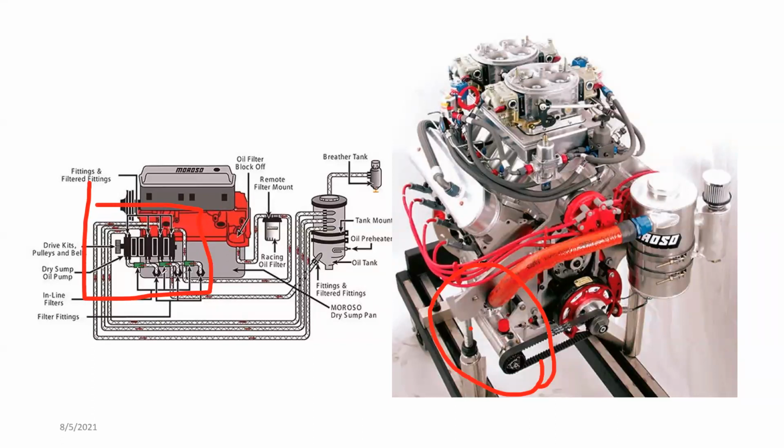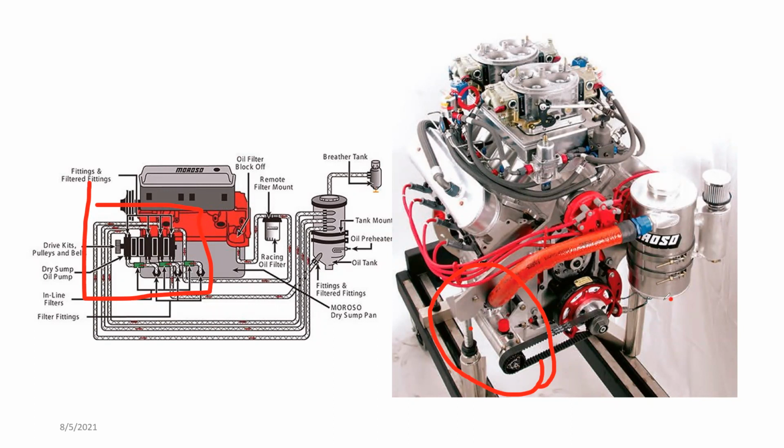Then from each location it has to be pumped back, and the oil is returned to the tank itself. But in this case, instead of having four lines, it only has one single line.